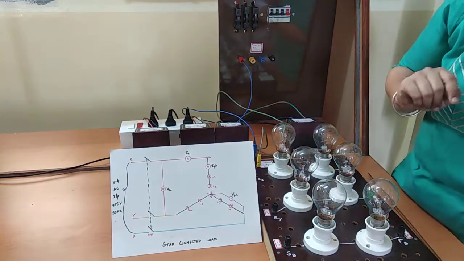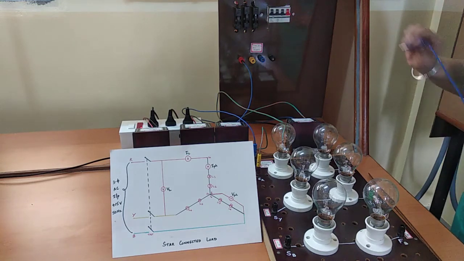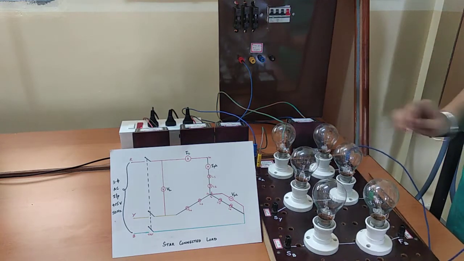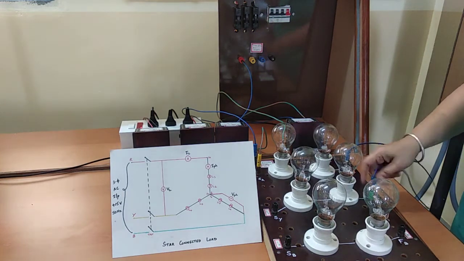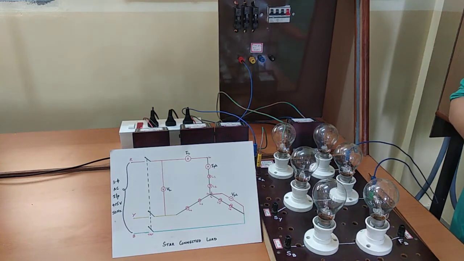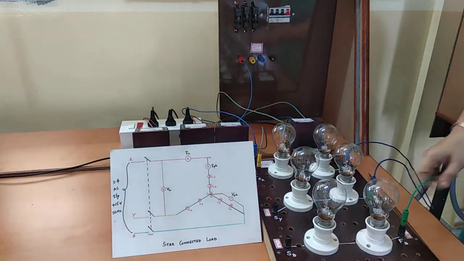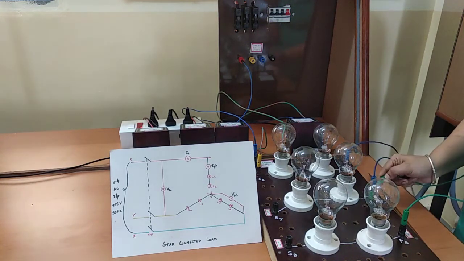This is the neutral point. So let us take a wire. From FR, we have a wire connected to FY, and from FB, we can connect to either of these points, either here or here.